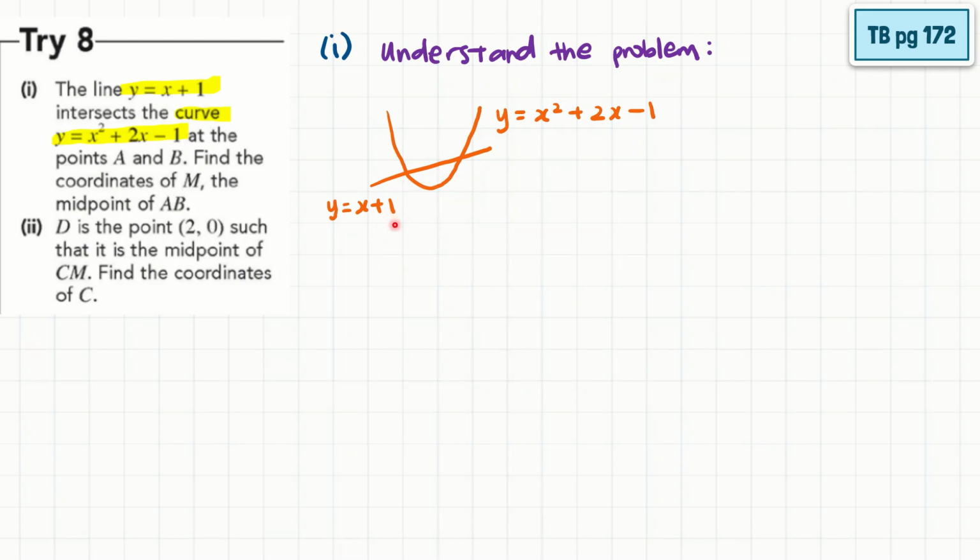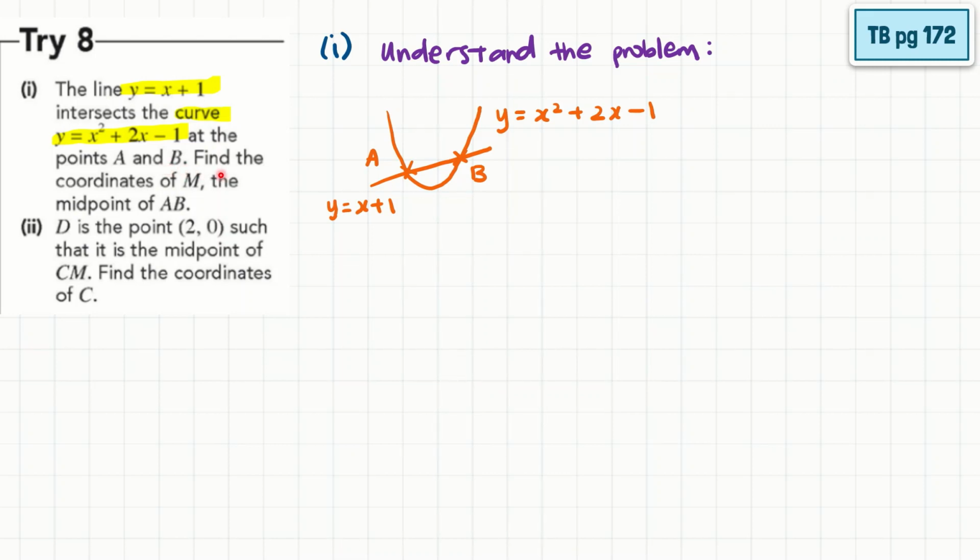It really doesn't matter which one is A, which one is B, because they are just arbitrary references. We need not be too particular about which one is to be A and which one is to be B. So I'm going to indicate the one on the left as A, and the point on the right to be B. So in this diagram, I have actually interpreted the first sentence already.